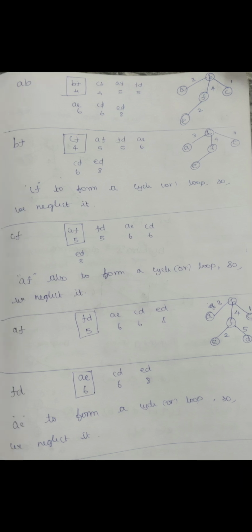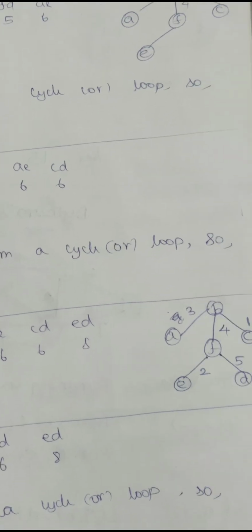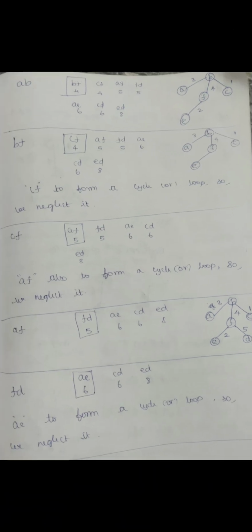Then FD has weight 5. D is separate, so we draw the tree and it does not contain any loop. So FD is a visited node.